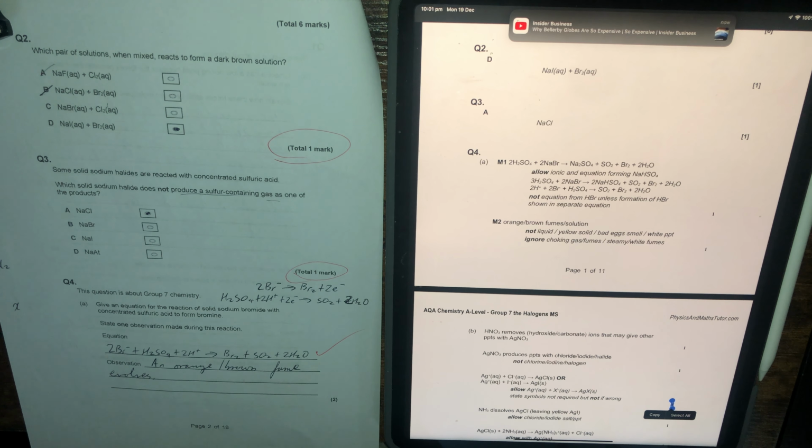Alright, so this is a bigger, longer, harder question. Nitric acid removes hydroxide slash carbonate ions. You actually have to say which ones, it's in brackets here, but it removes such ions that may give other precipitates with silver nitrate. So it removes carbonate impurities reacting with the silver nitrate, giving a false positive result.